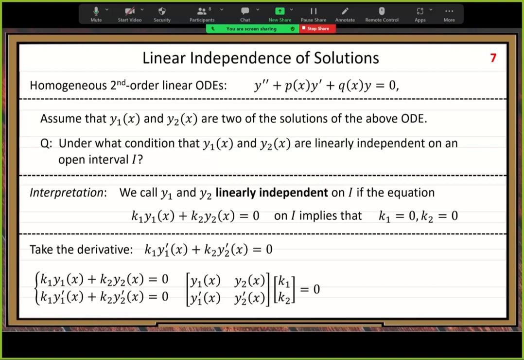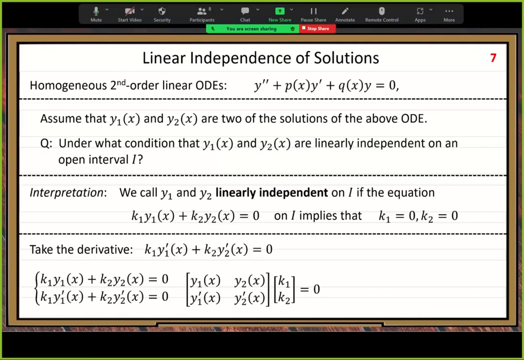Yes, it's possible, but you need to check a condition: the determinant of its coefficient matrix, 2 by 2. You need to calculate the determinant of its coefficient matrix.